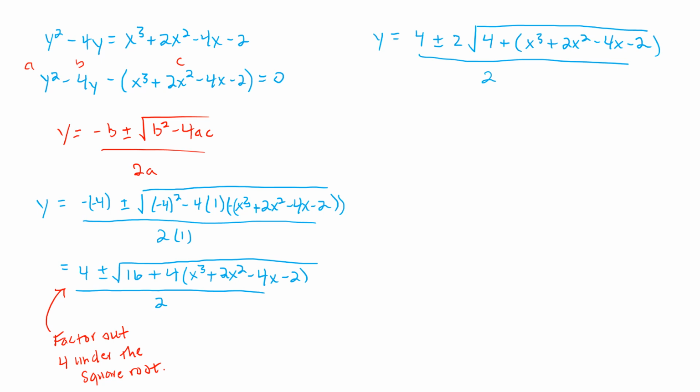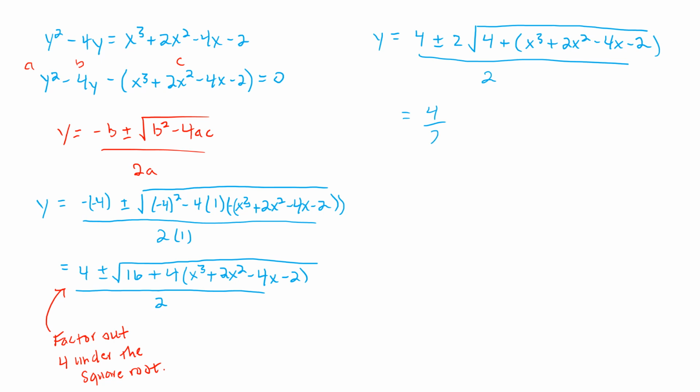So now I can simplify. 4 divided by 2 is 2, and 2 divided by 2 is 1. Well, not 4, my apologies. Let's simplify that in this step as well, so we don't have to rewrite it. Let me show you everything, just so that you have it in your notes, so when you're reviewing it, you understand the process.